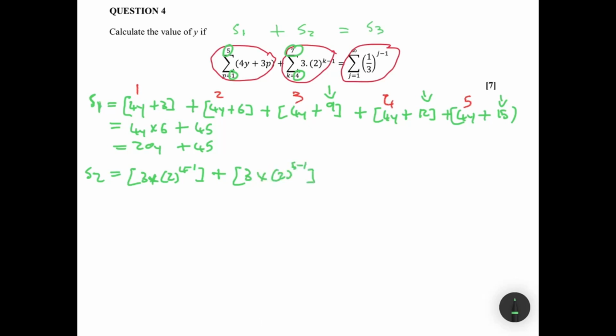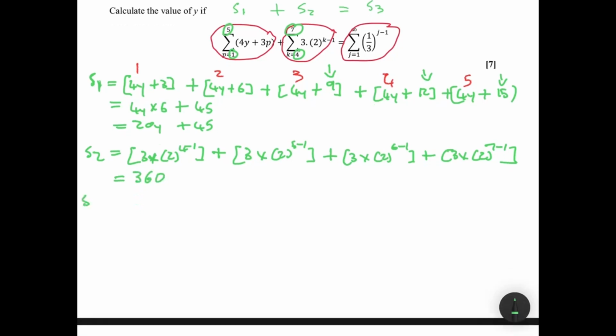We're moving up until we get to 7. Plus 3 multiplied by 2 to the power 6 minus 1, and then plus 3 multiplied by 2 to the power 7 minus 1. Here we don't have any variable, right? So you can just put this entire expression on your calculator and get the answer, right? So the answer here is going to be 360. So now we have S1, S2.